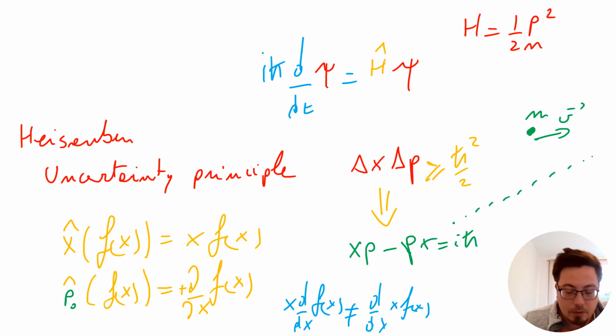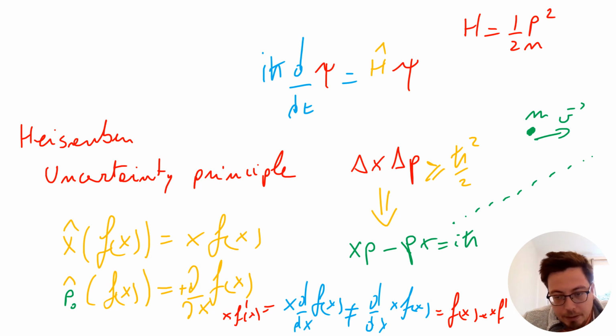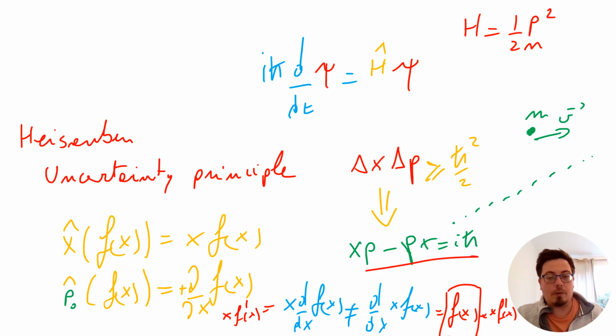The difference is that one side leads to x f prime, and the other is f plus x f prime, where f prime is the derivative. And we can see that the difference is exactly f, meaning that if we swap x and p and apply it to f, we get something that is proportional to f.